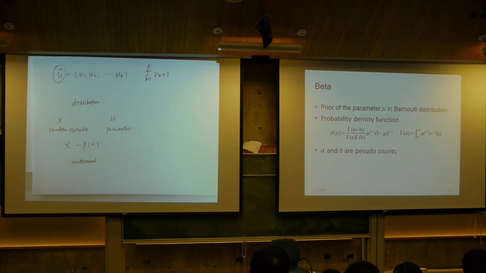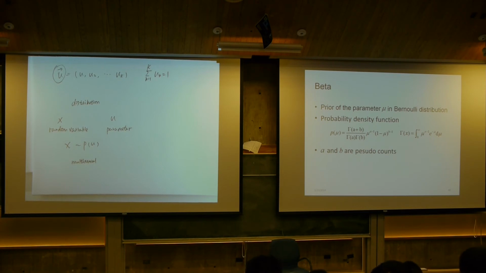The third one is the beta distribution. As we said before, the beta distribution is mostly used as the prior of the parameter mu in the Bernoulli distribution. Its density function is defined in this way. Now mu itself is a random variable, so we can define a probability density function over it.